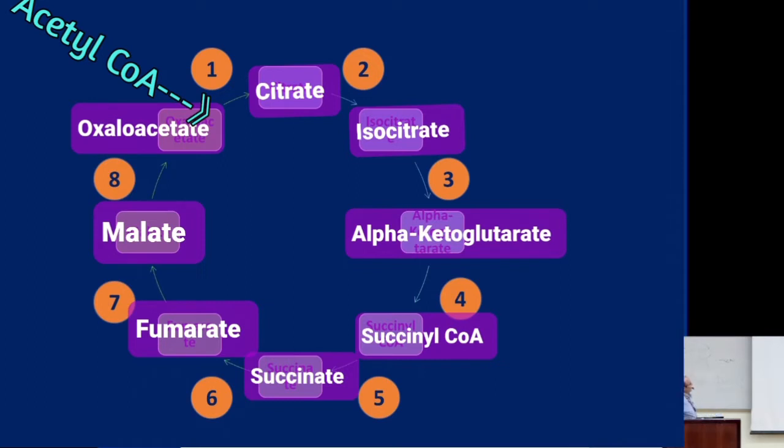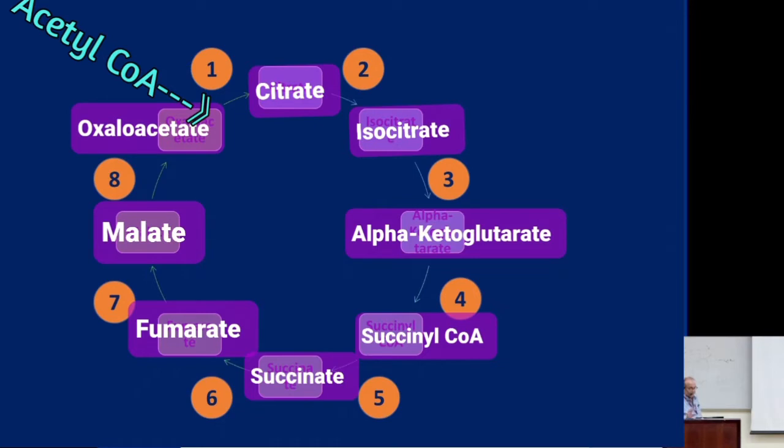So let's start here, the beginning of the cycle. Again, remember, ask yourself, what is that cycle for? It's to produce energy from oxidized acetyl-CoA. Also, ask yourself, where is it taking place? It's taking place exclusively in the mitochondrial matrix.